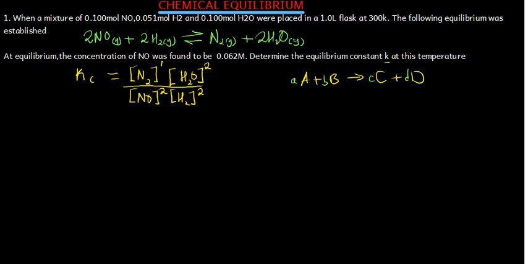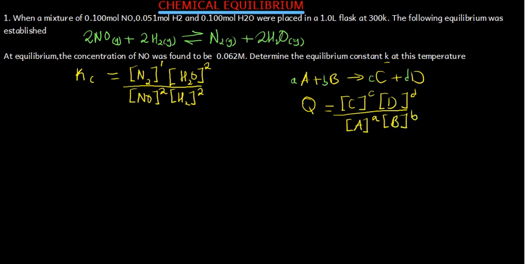When you are finding the reaction quotient Q, it is simply a ratio of the concentration of the products divided by the concentration of the reactants. On the product side we have C raised to the power small c, that is the balance ratio, and the concentration of D raised to the power small d, divided by the concentration of A raised to the power a, and the concentration of B raised to the power b.